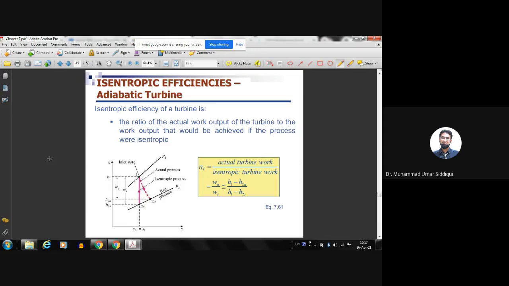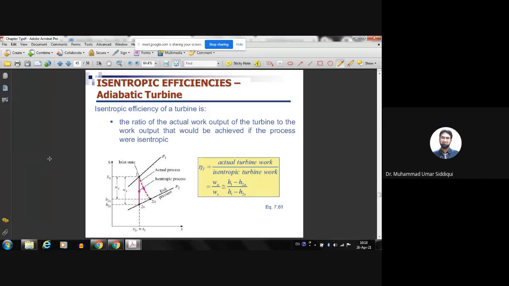In this case, all of the pressure energy will not be converted into work output, but some of it will be. The other part of it will be lost as heat. So our work output will be reduced in the case of an actual turbine.